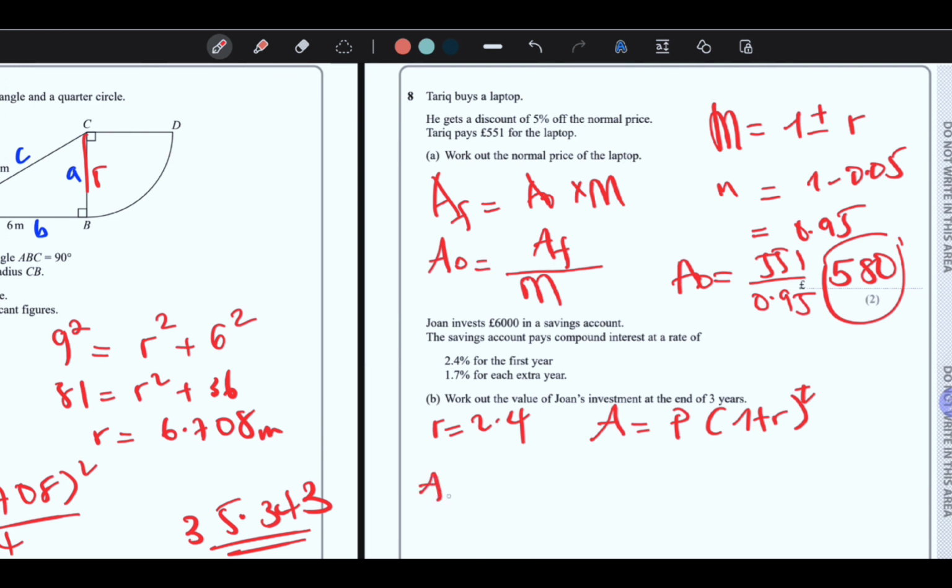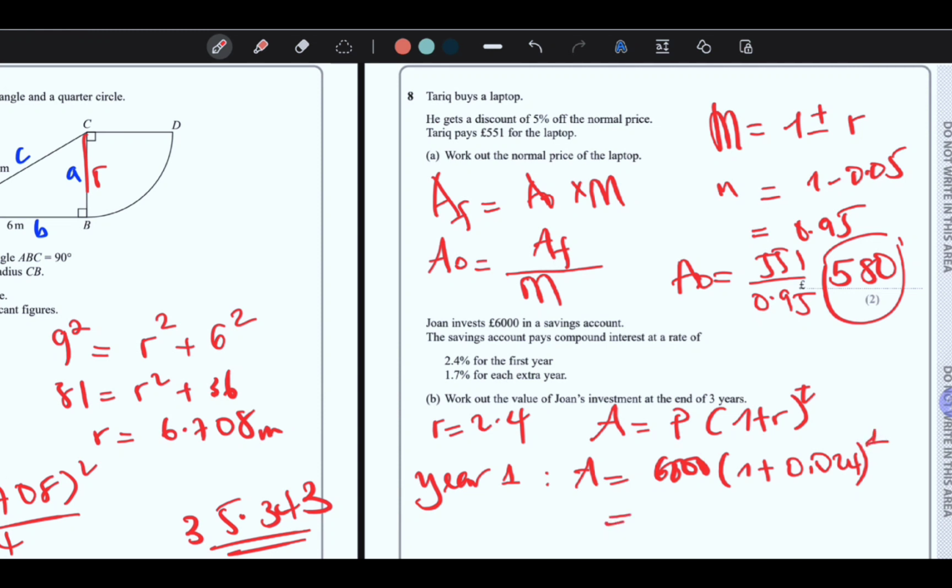So after year 1, our final amount is going to be 6,000, the principal amount, times 1 plus 2.4%, which would be the same as 0.024, I just divided it by 100, to the power 1.